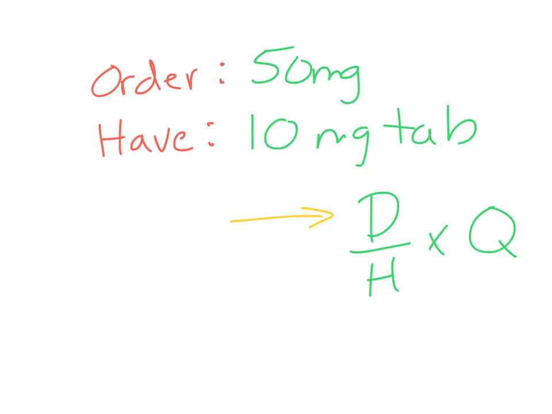However you want to remember that, if you remember that as dosage ordered, or perhaps even doctor's order, in our example that was the 50 milligrams. H is another dosage, but H is the dosage that we have on hand. So when we looked on the label and saw how that medication comes, that was the dosage strength for that particular medication. In our example, it was 10 milligrams.